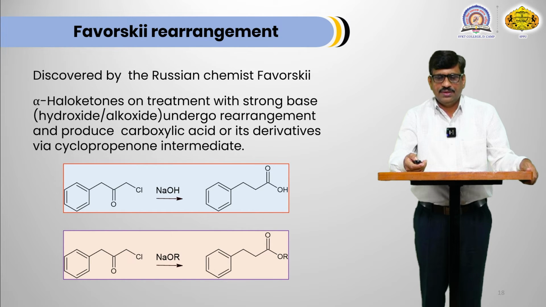In the first case, acid is formed because we use NaOH or KOH as a base. In the second case, we get ester as a product because we use sodium ethoxide, sodium methoxide and other methoxy or ethoxy derivatives of sodium.